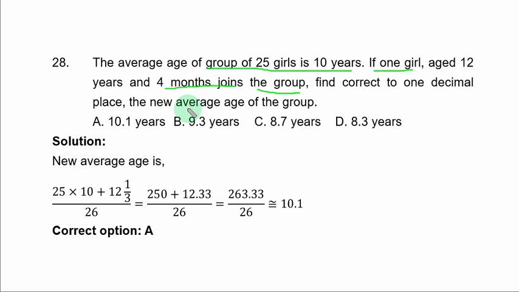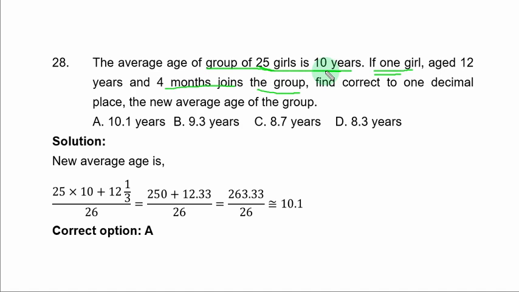So the new average age. Now average is simply the addition of what you are considering over the total number. Now we have 25 girls, another one added, so we have 26. Now the total age of the girls that produce an average age of 10 is simply 25 times 10.